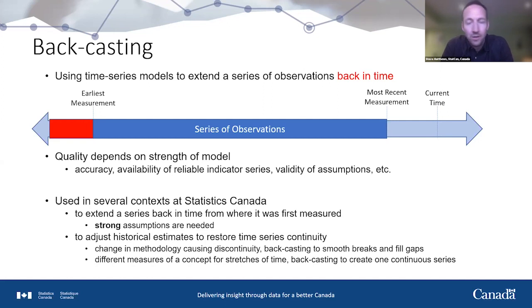Now, this general idea of extending a series back in time, we do it in a couple different contexts at StatsCan. But in all cases, it's to extend a series back in time from where it was first measured. And as I said, strong assumptions are needed. So to give an example of where those assumptions might be questioned, at some point we decided to start measuring cell phone sales.